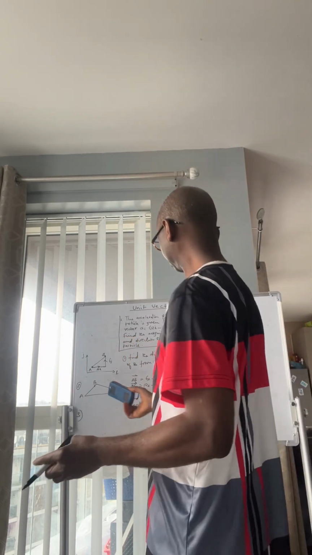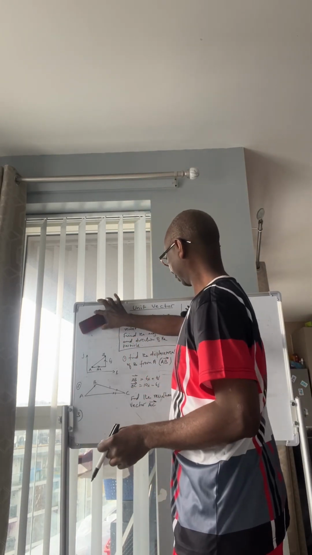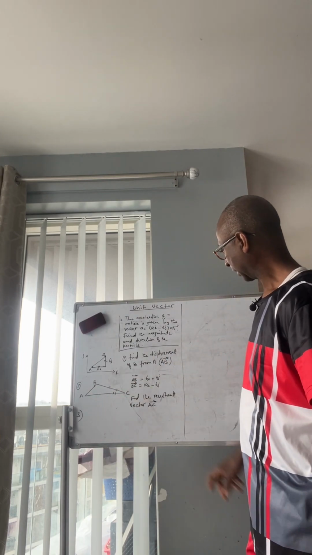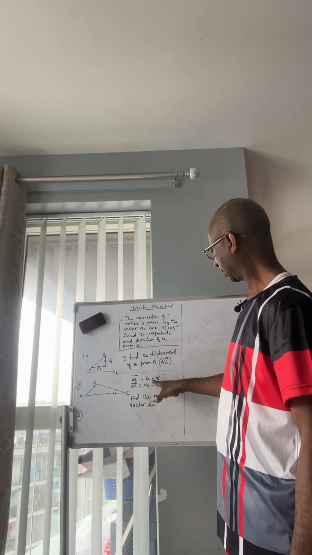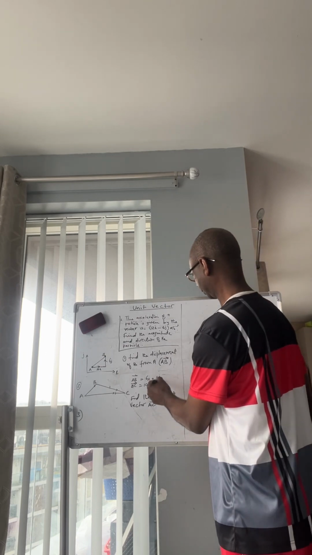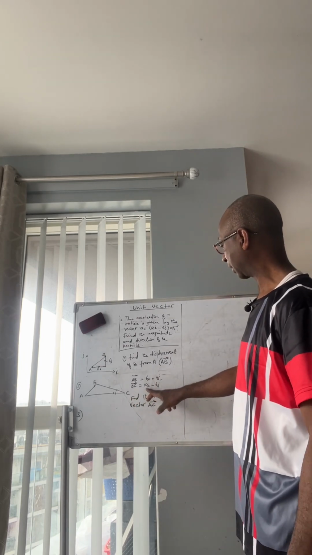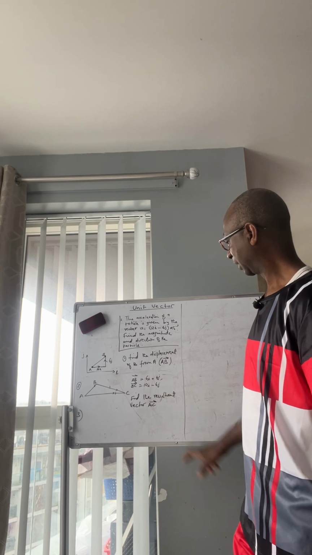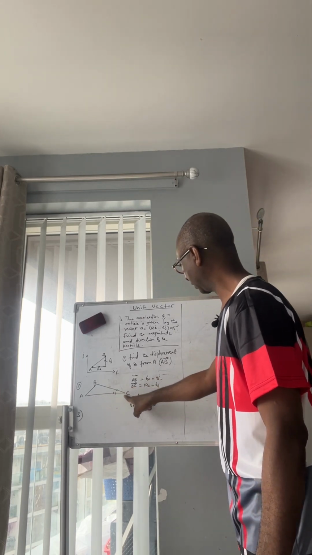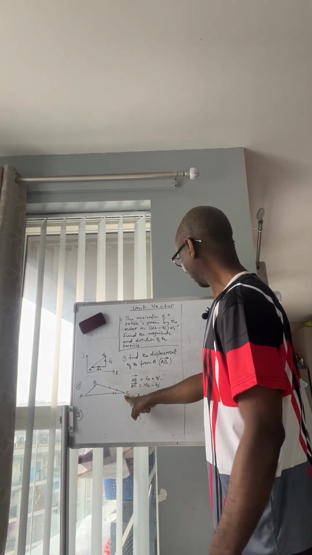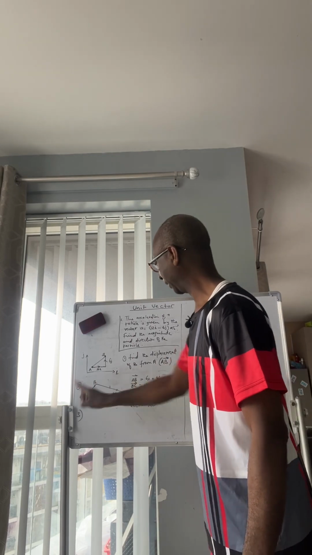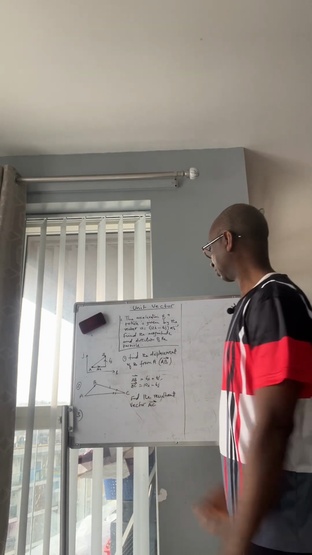You have this diagram here, A, B, C. And I'm given the vector AB equals 6i plus 4j, and BC equals 10i minus 6j. Find the resultant vector AC. They want you to find this one, AC. Or it is like finding the displacement from C to A, if you want to put it in that form.